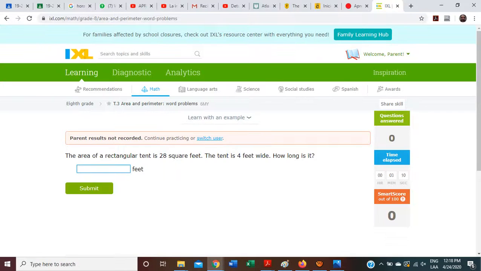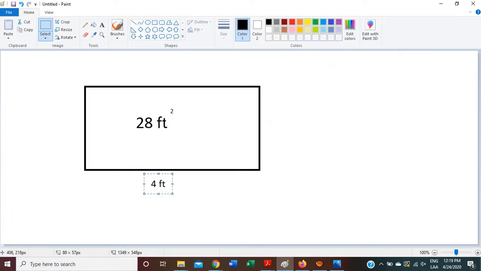So we know that the formula to get the area of a rectangle is multiplying width by height. So what is the length, the length of the height? Okay. So 4 times what equals 28.